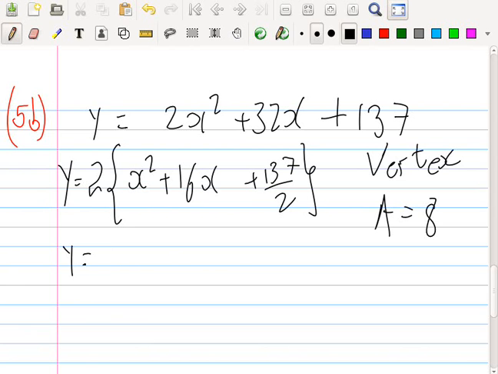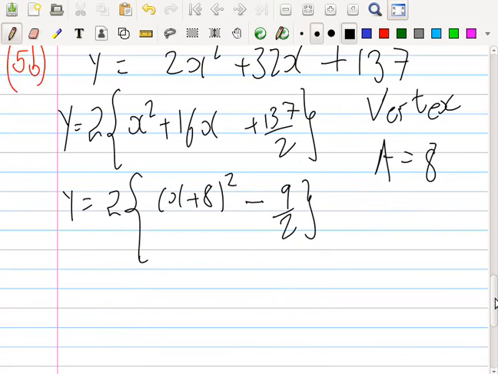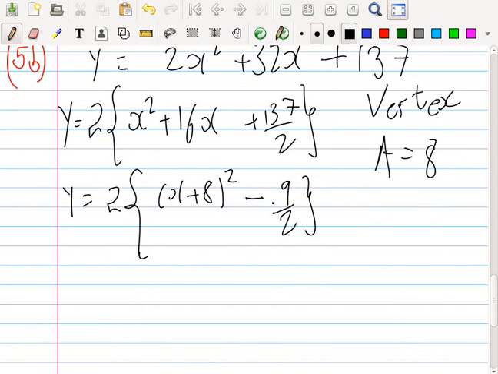So y equals 2 times x plus 8 squared, and now I need to do this number minus 16, 137 over 2 or something? Minus 9 over 2. Oh, sorry, 64. What am I saying? 16. Right, minus 9 over 2. And then I'm multiplying the 2.